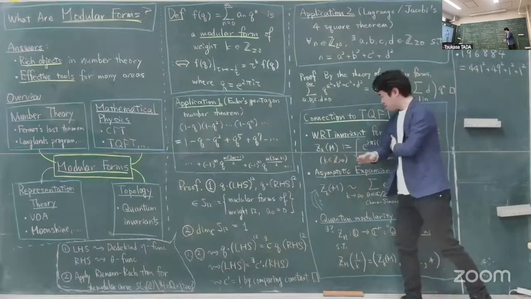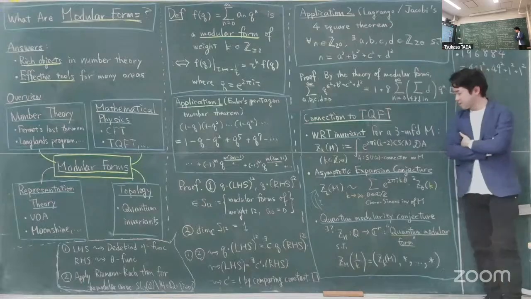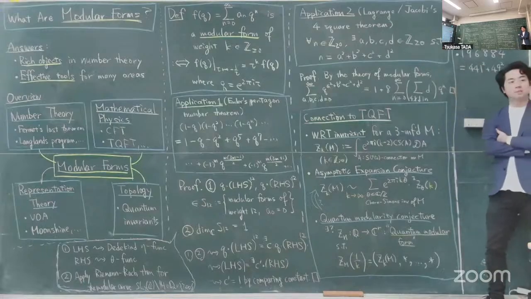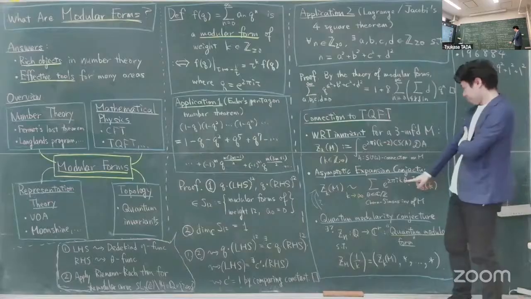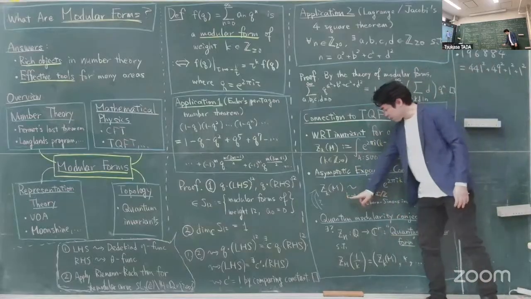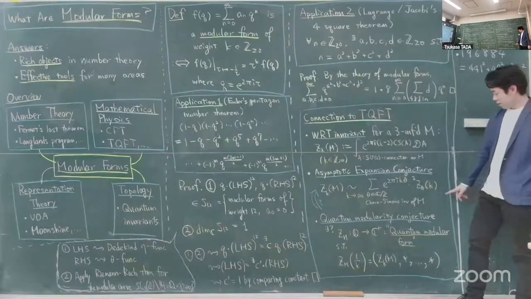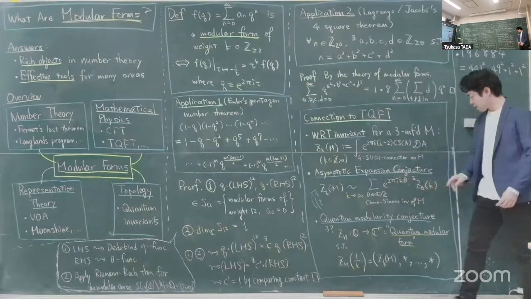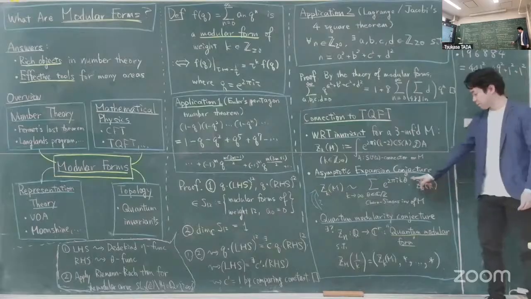Witten suggests that the WRT invariant satisfies the following asymptotic expansion. Z_k(M) has an asymptotic expansion as k goes to infinity, with main term exponential of 2 pi i k theta times some power series.